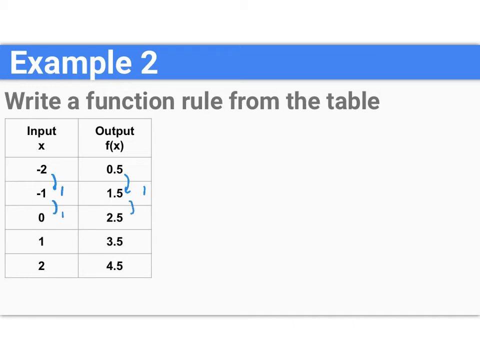So it's changing by 1. So our change in f of x is 1, and that little triangle means change. It's capital Greek letter delta. It just means change. So it's 1 over 1. So our rate of change is 1, because 1 divided by 1 is 1.